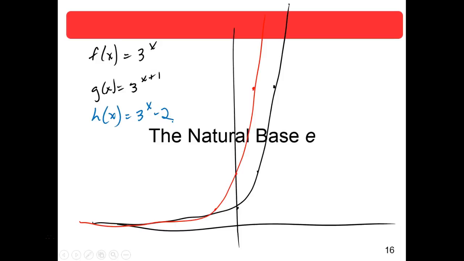What are we going to do to our parent function, the black function, f of x? It's going to be down 2, because that's the y value. Yes, it is. A vertical shift downward by 2. So this will go down 2, this will go down 2, it'll be somewhere like here. And this will be down 2, it'll be something like there. And these will be down.